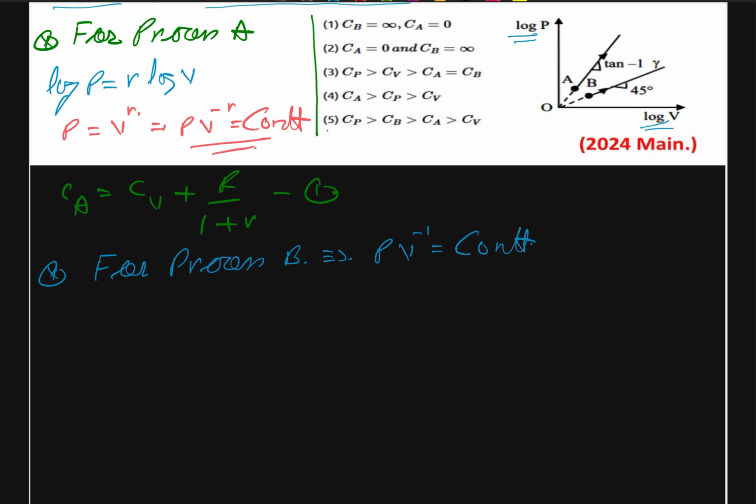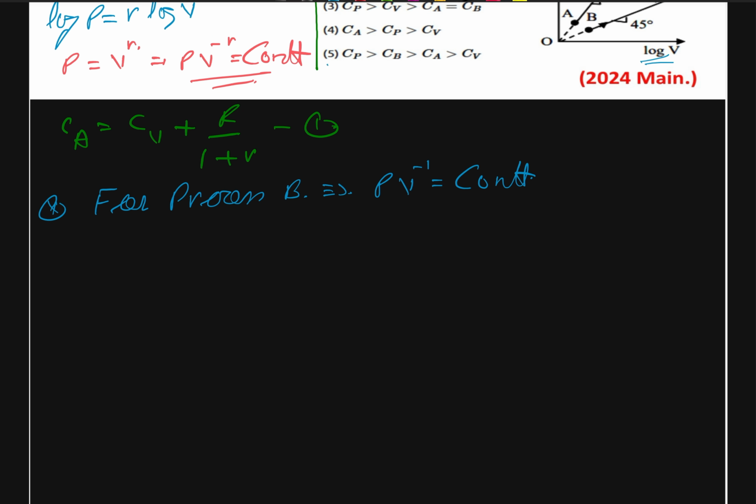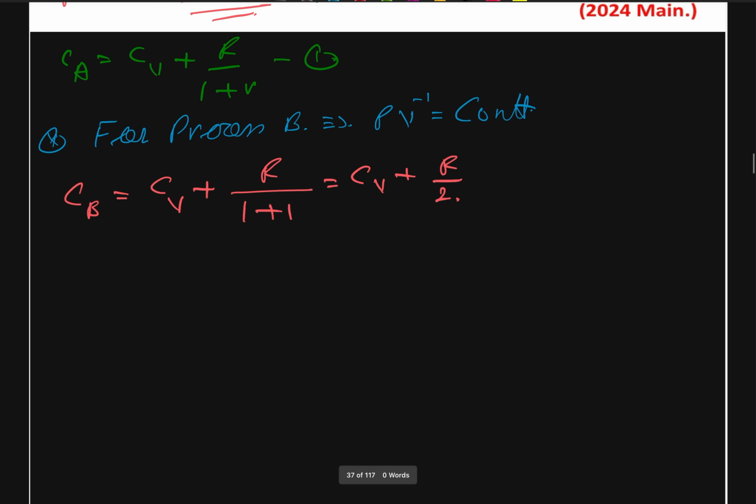And therefore C of B will be equal to C of V plus R, where gamma is minus 1, which comes as C of V plus R divided by 2. And now we can easily write out C of P. C of P will be equal to C of V plus R, which is a standard formula. Let us call this equation number 2 and this equation number 3.